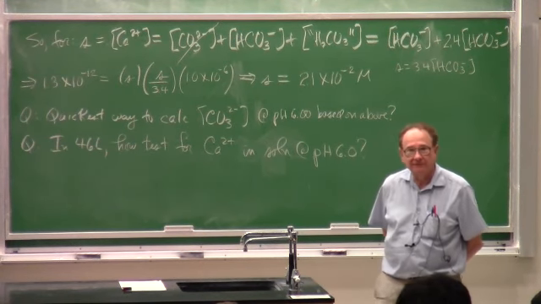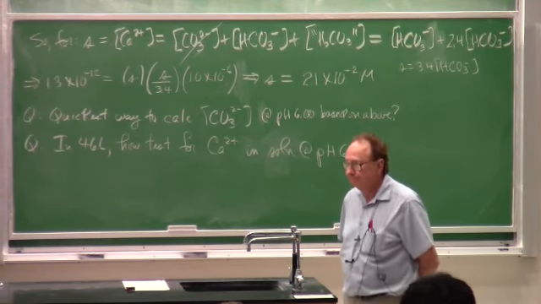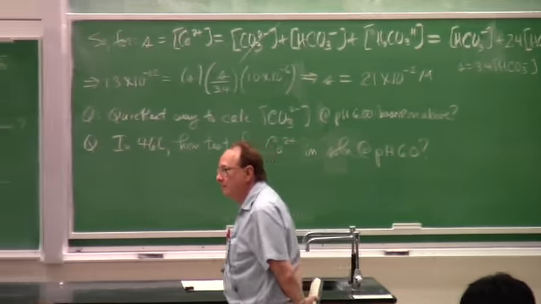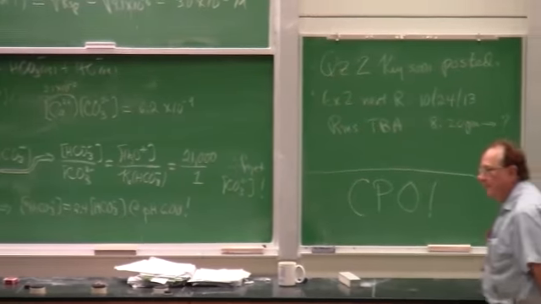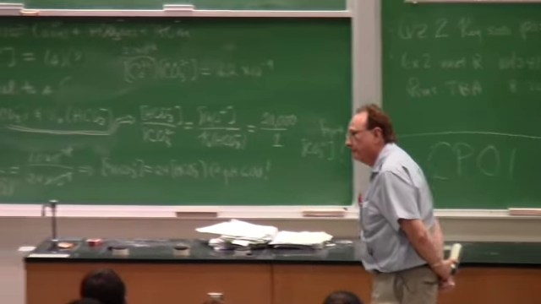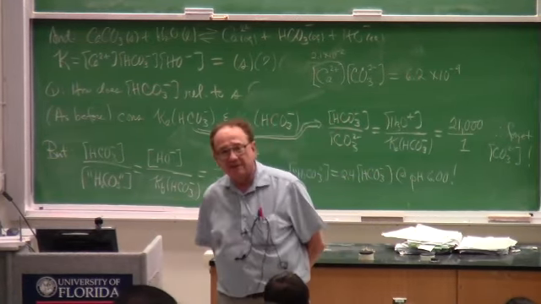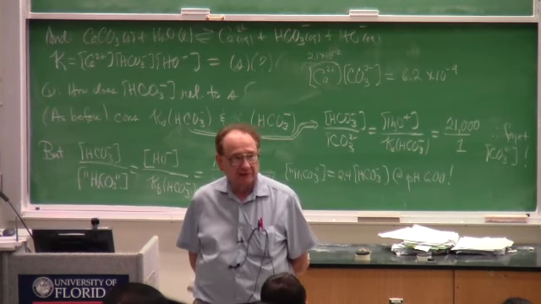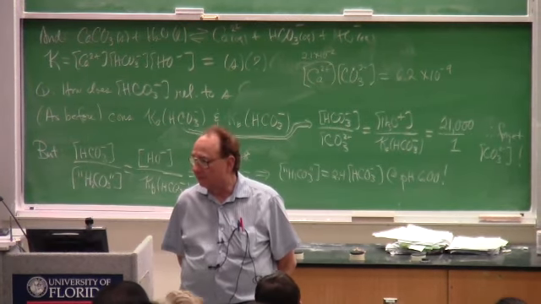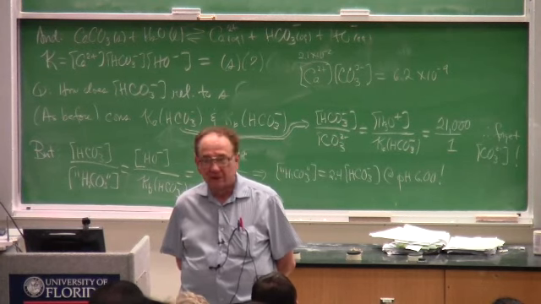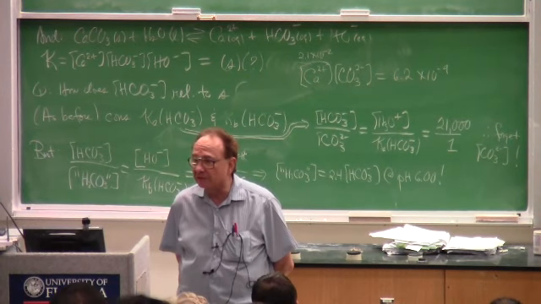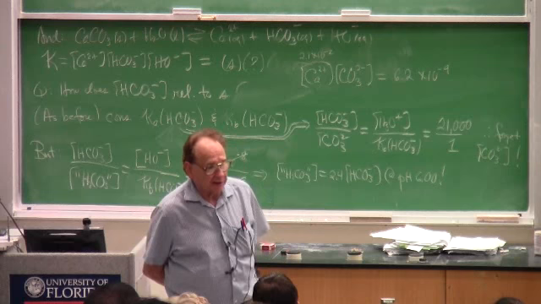Now that's a loaded statement, what I just said. Because if you extend that statement without thinking about further chemistry and apply it to the solubility of sulfides, you might well conclude, hey, how can I make a sulfide precipitate at pH 6?